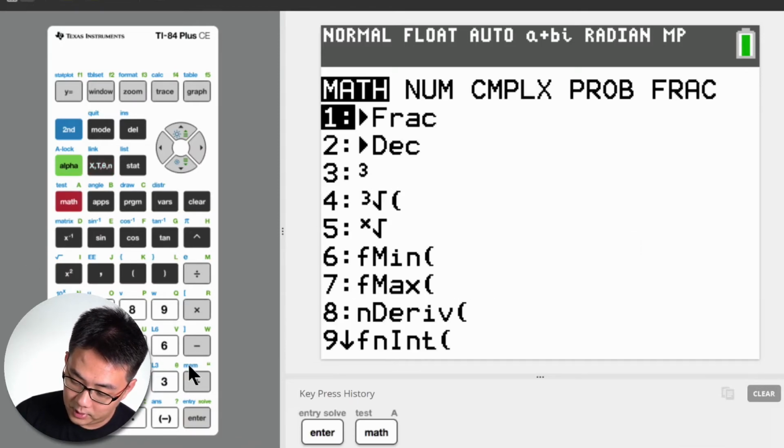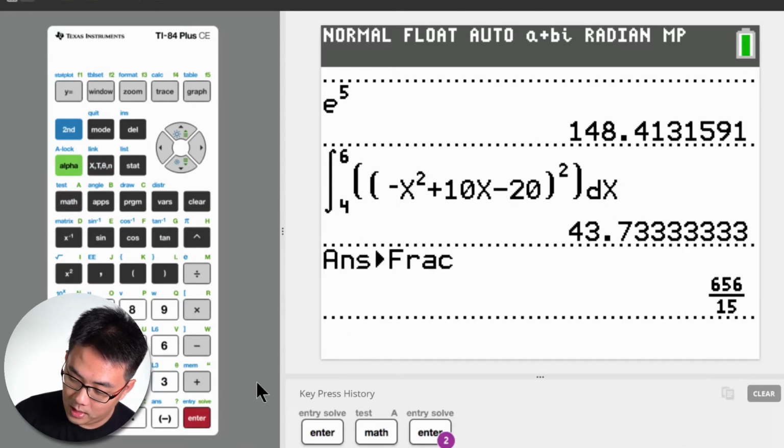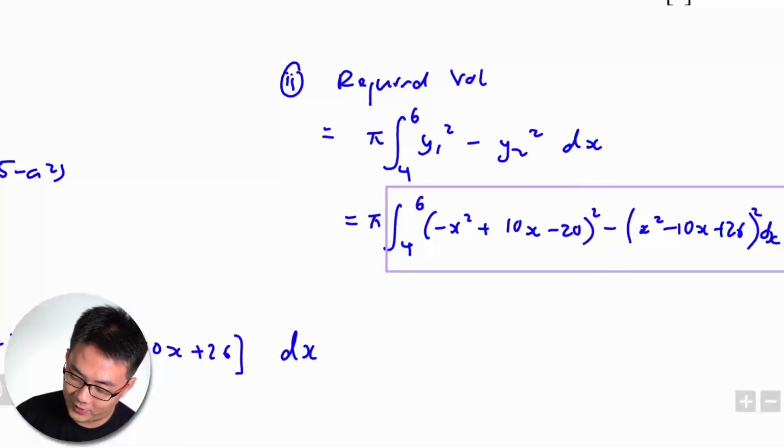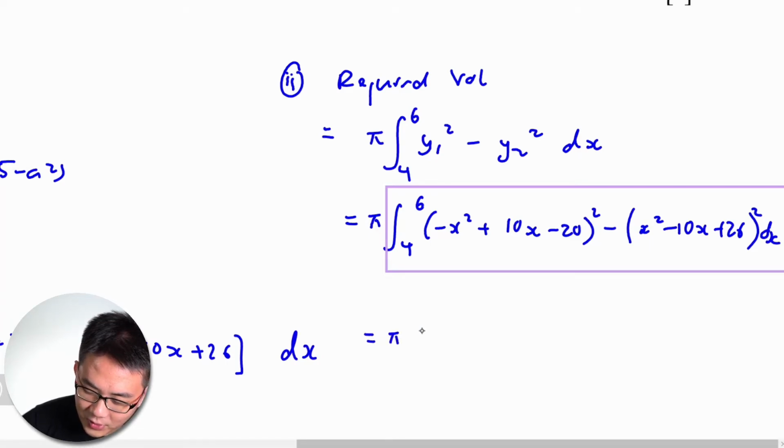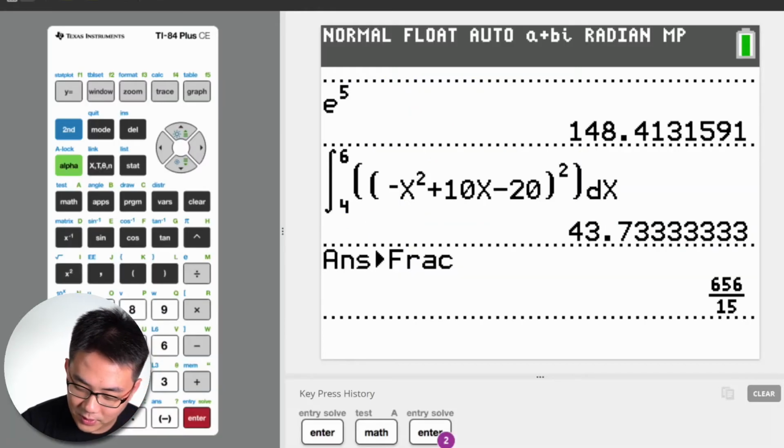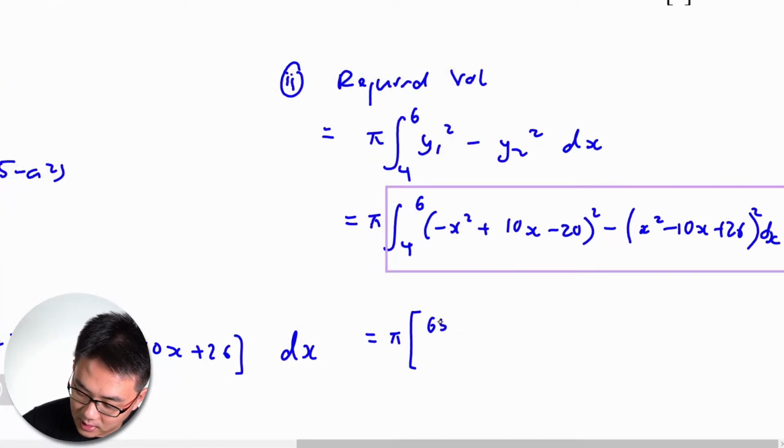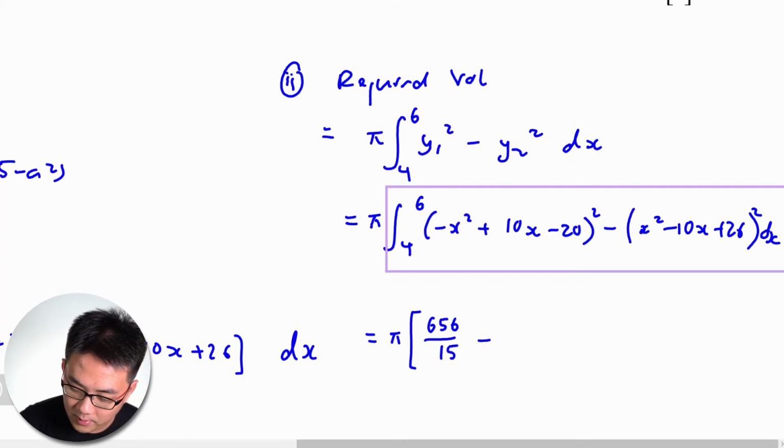Yeah, we will. So this is the one answer. You want the exact value, right? I know you're supposed to integrate it, but never mind. I'm just going to use GC. So 656 over 15 minus of x squared minus 10 squared.